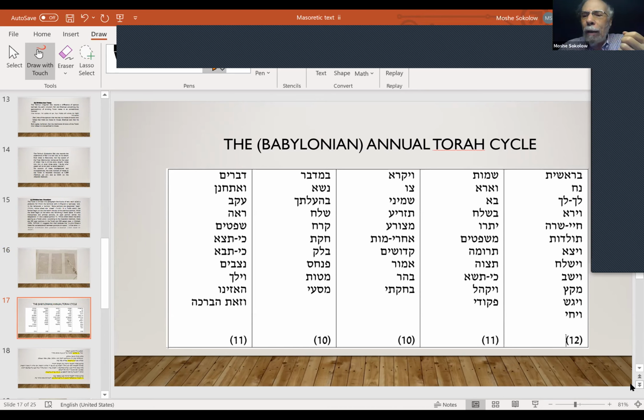Convention refers to a parasha not as a paragraph, a discrete paragraph on a Torah scroll, but convention uses the word parasha to designate the amount of Torah text that's read on a particular Shabbat. That's why the Torah text for this week is called Parashat HaShavua.